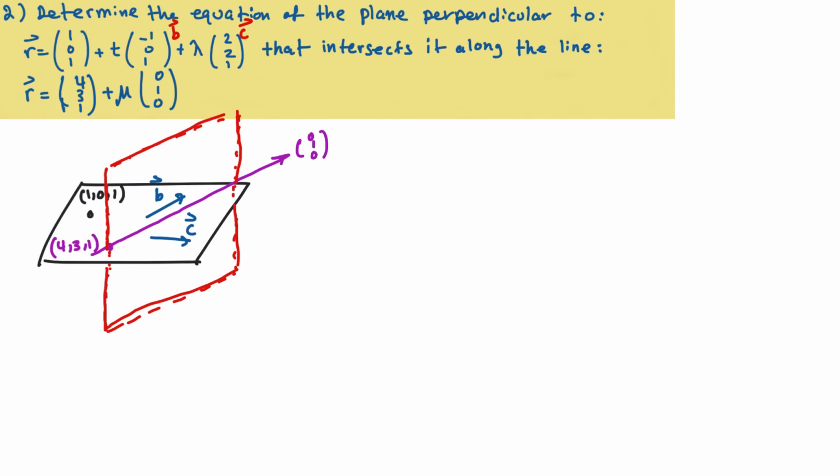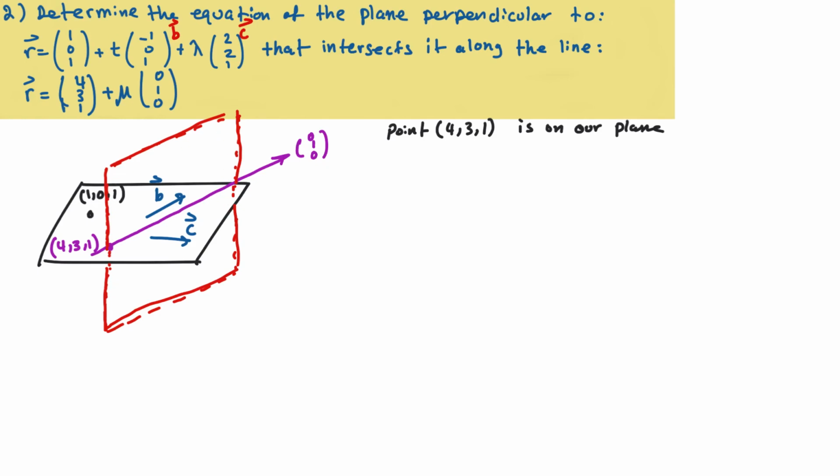It's awesome that we have this. So 4, 3, 1 is on our plane. And we already have one of the direction vectors as well, because we know this line is already on this plane, and we know its direction vector.